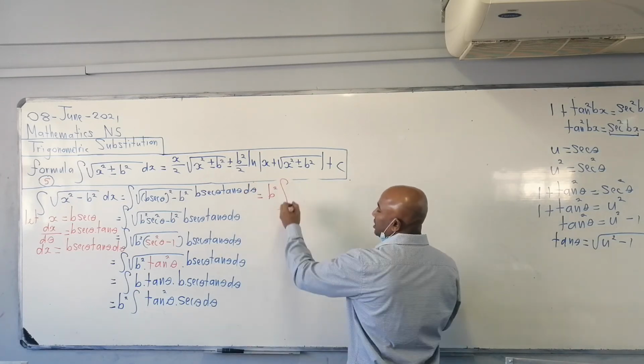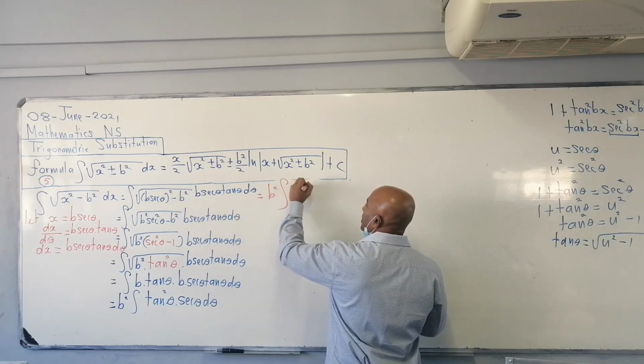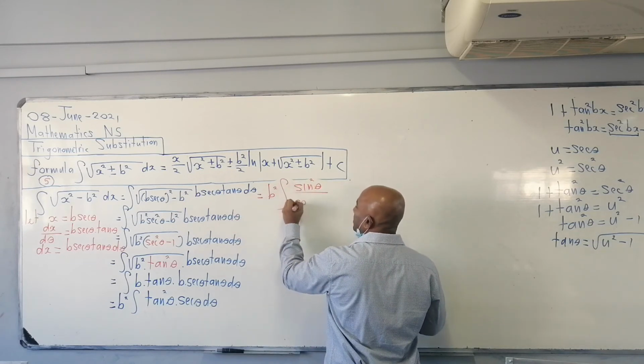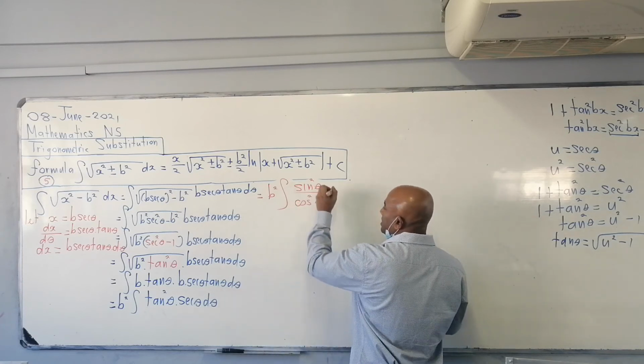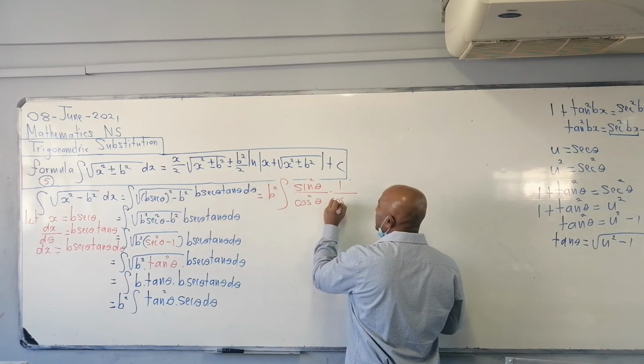Let's say you change tan squared to sine squared over cos squared, and then your sec can be written as 1 over cos.